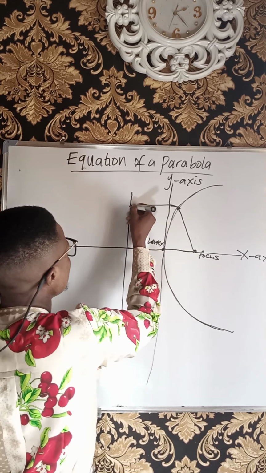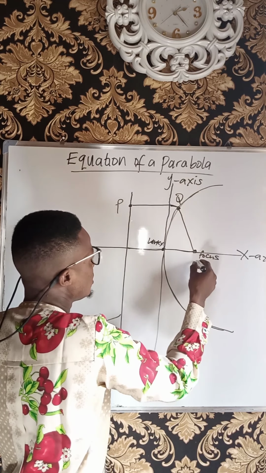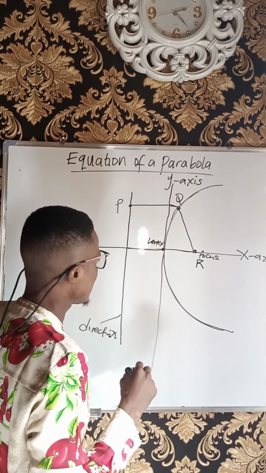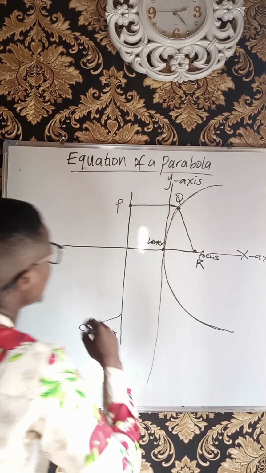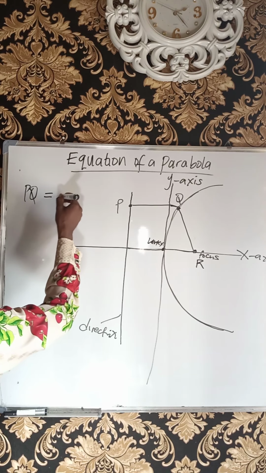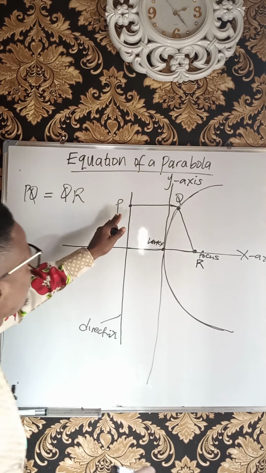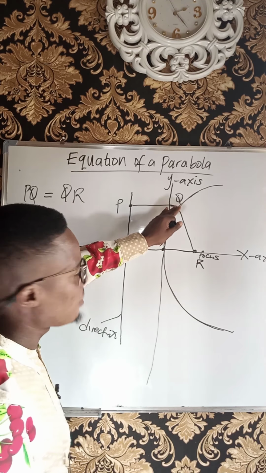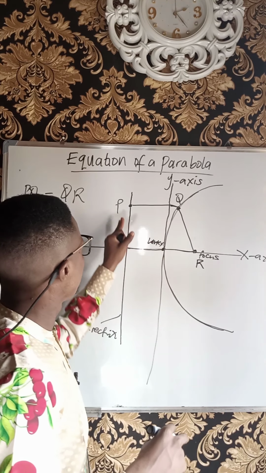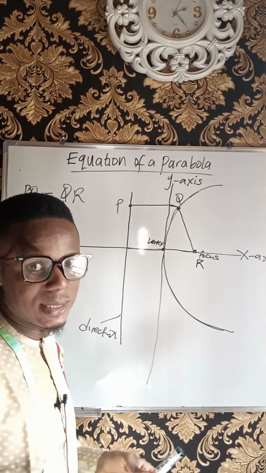So assuming I call these points P, Q and R, you can now see that the distance PQ should be equal to the distance QR by definition of a parabola. Hence, we need to get the coordinates of P, Q, and R so that this distance can be found mathematically.